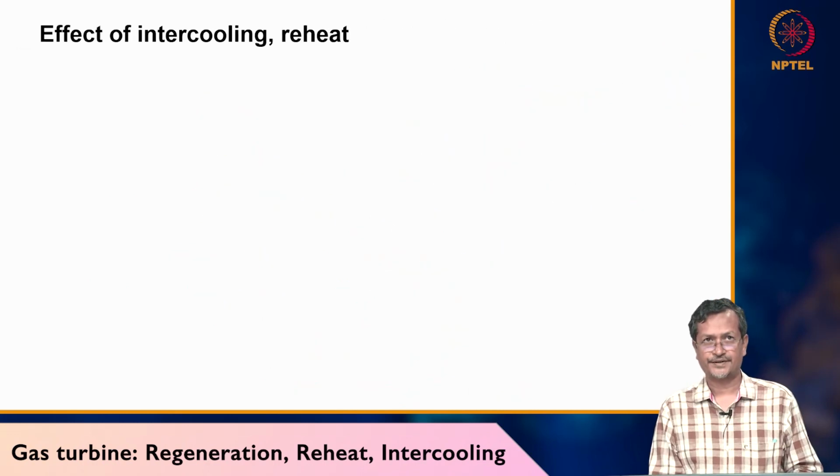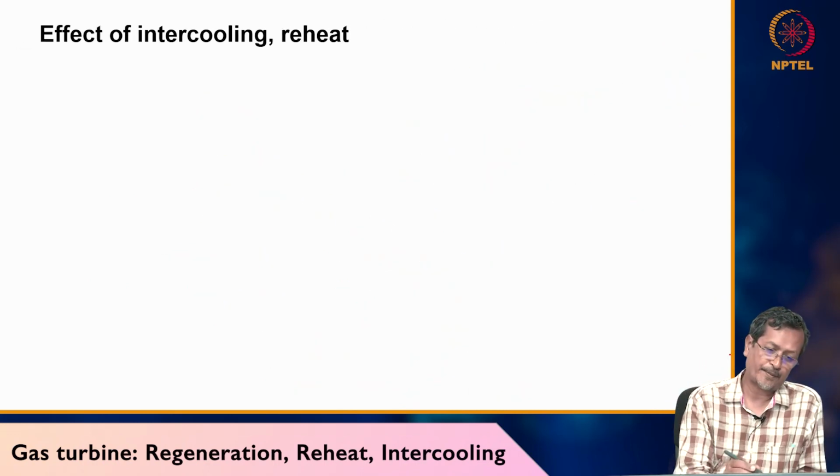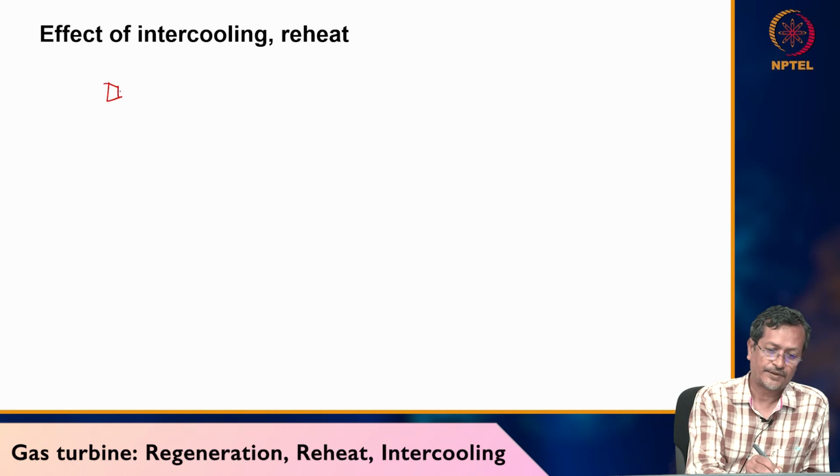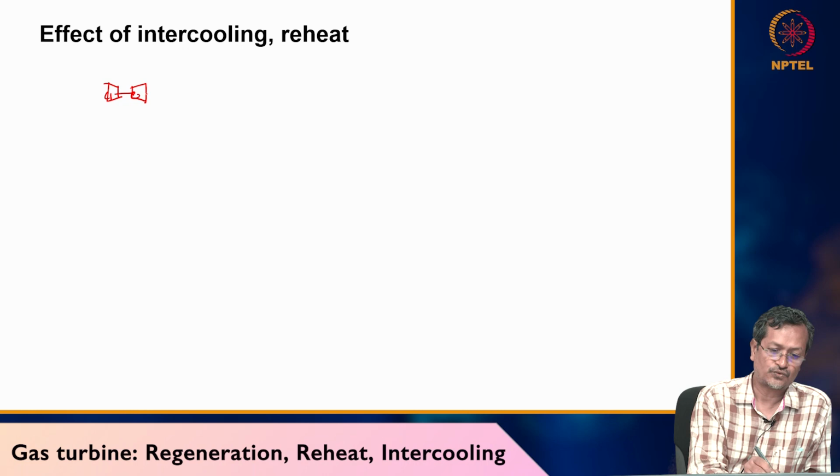Now, we have seen in air heating that intercooling happens between two compressors. Let us say compressor 1 and compressor 2, C1 and C2, and in between there will be intercooling.